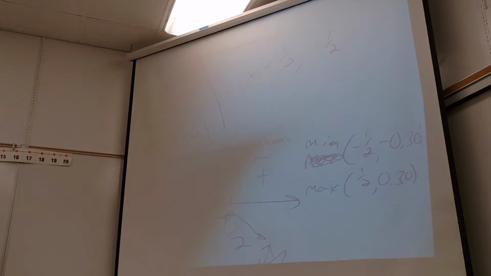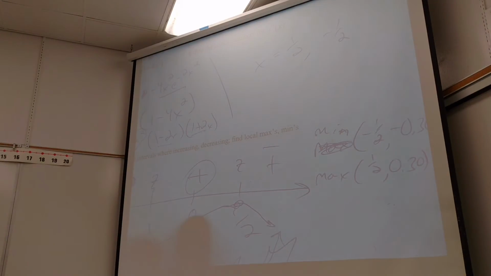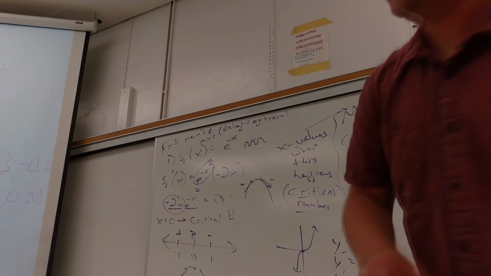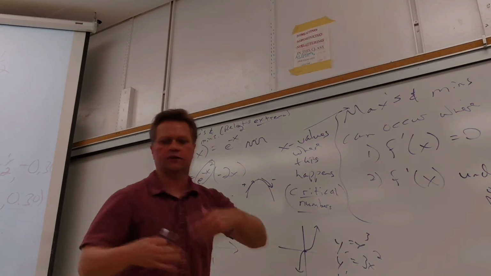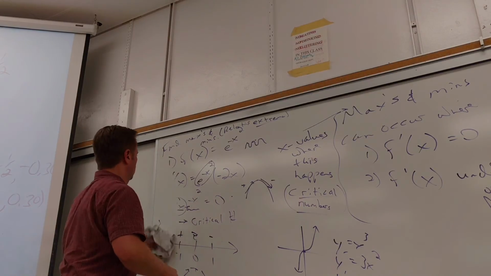That whole process we just did will carry over into second derivatives. We just have to know what they mean when I find critical numbers and do a test on them. What does it mean when the second derivative is 0? What would it look like if the second derivative was positive?